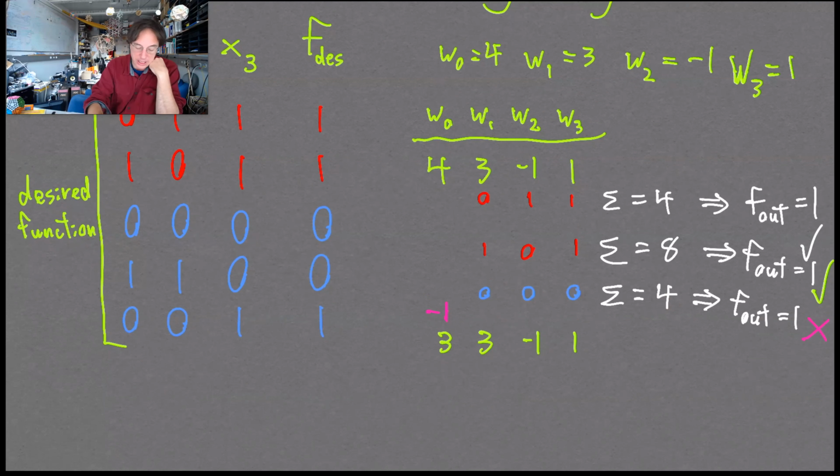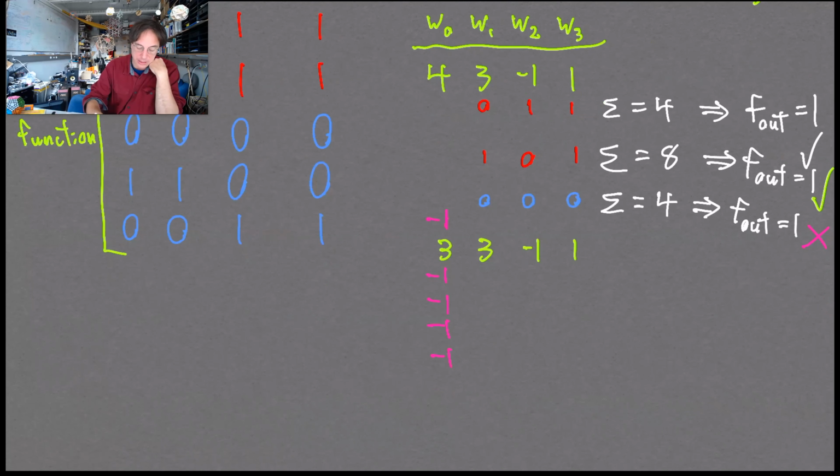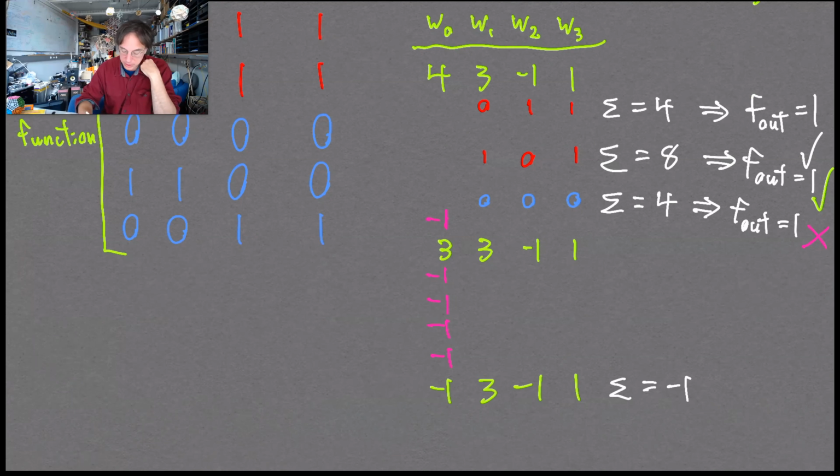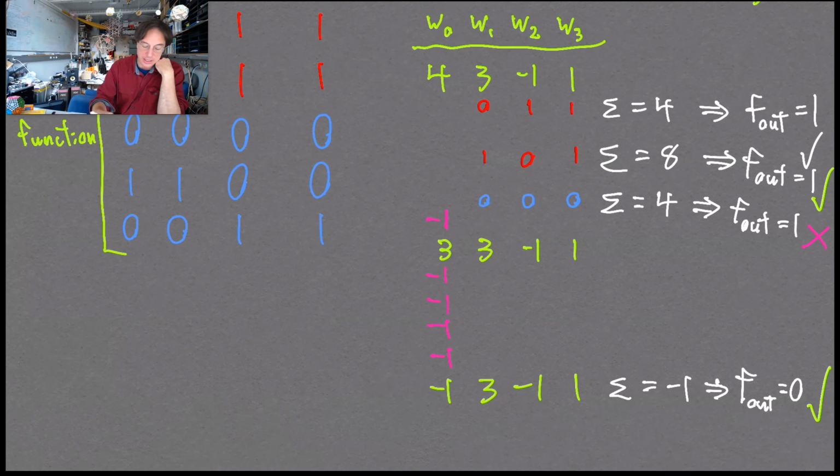We need to keep reducing the sum. We'll need to subtract 1 a few more times, down to 0, even another time down to minus 1. And now we have a sum of minus 1, which means our output is finally 0. And so this is finally correct. So we fixed this one.